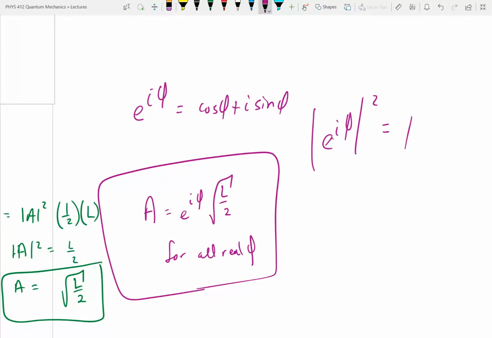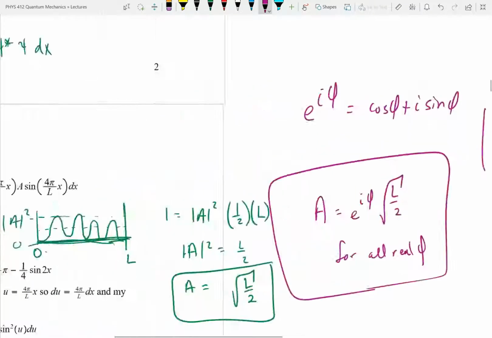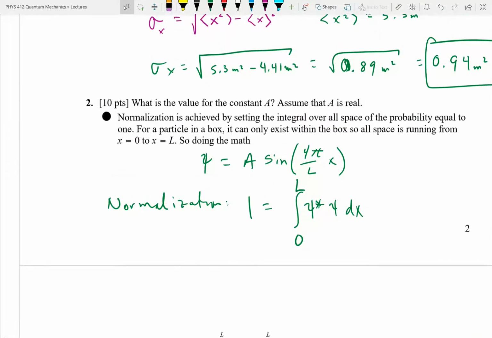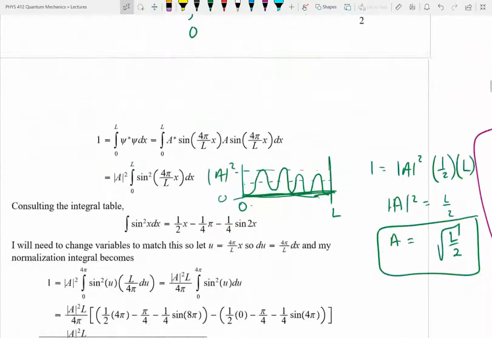And so that covers all of your possible answers. But of course, for the test problem, we weren't looking for all of the possible answers. Assume A is real. I should have said and positive, because you still have 2 correct answers. And of course, I would have given you credit with either of the correct answers. But if I said A and positive, then there'd only be 1 correct answer.